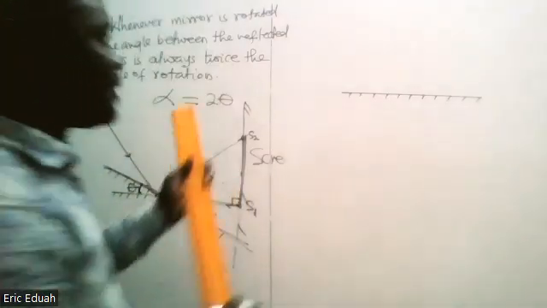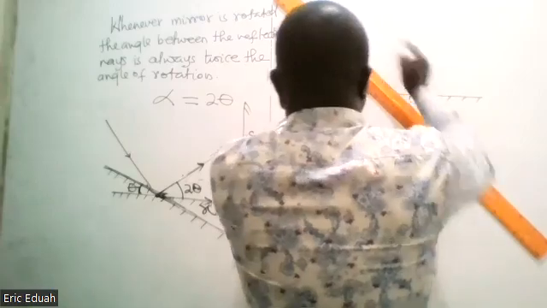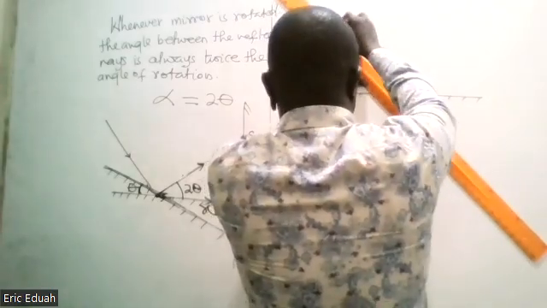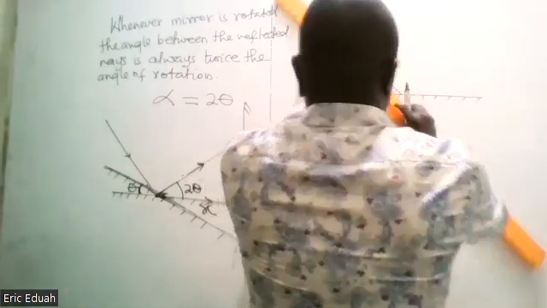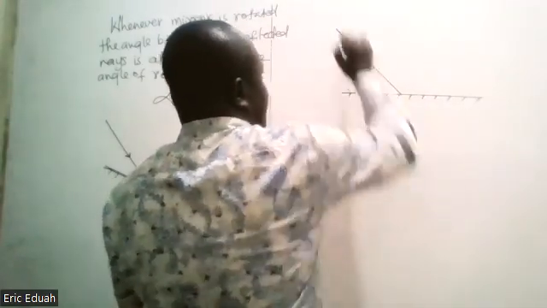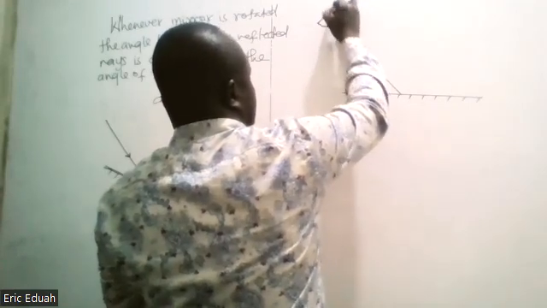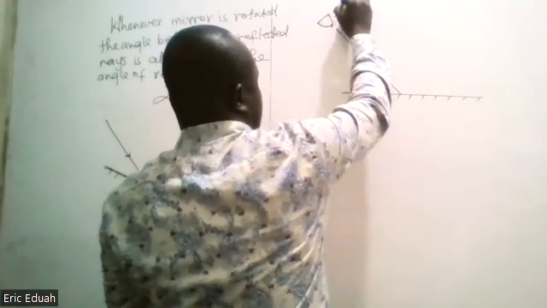I have a source of light. It can be from the sun or any fixed light, incident on the mirror. So there is a source.